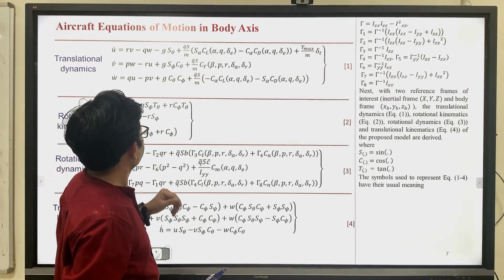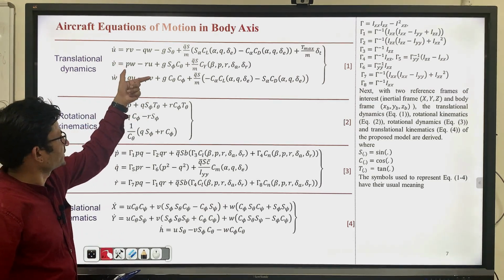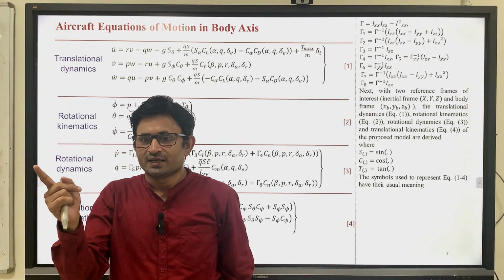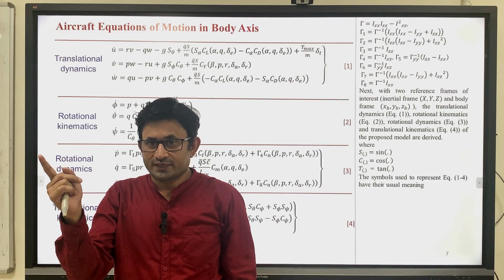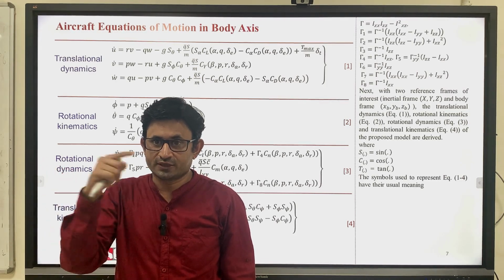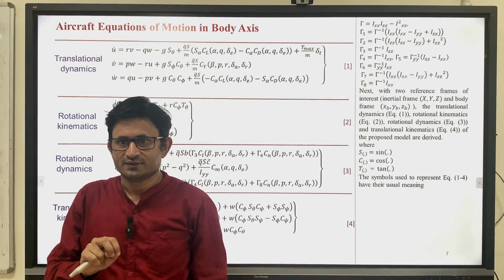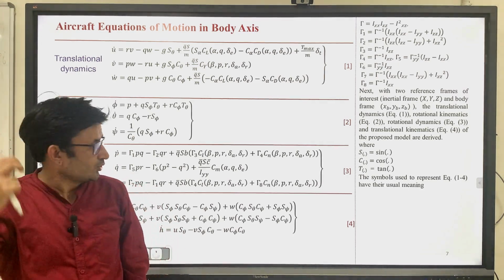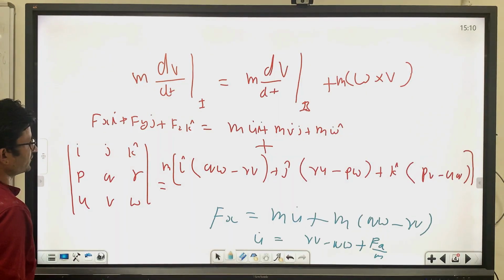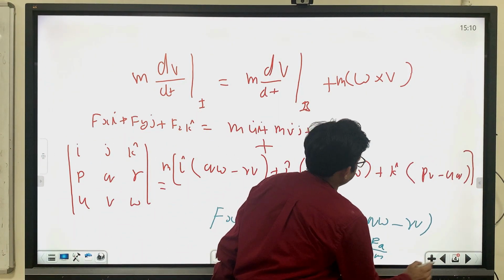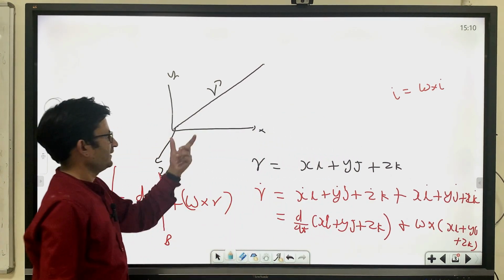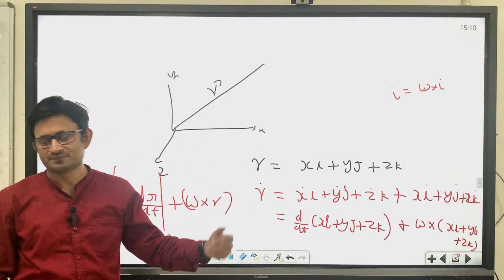This contribution is coming because you are going back to the inertial from the body frame. So because of the rotation there is a difference. How you have done this, I have explained to you by simply taking a vector and taking a derivative, simple, right?